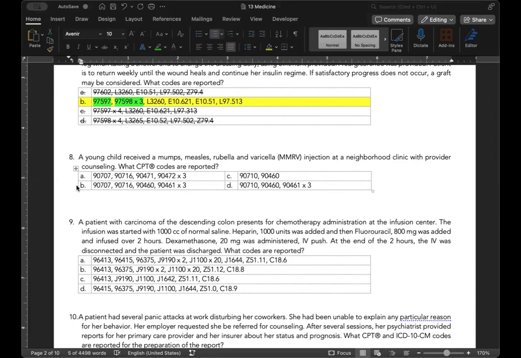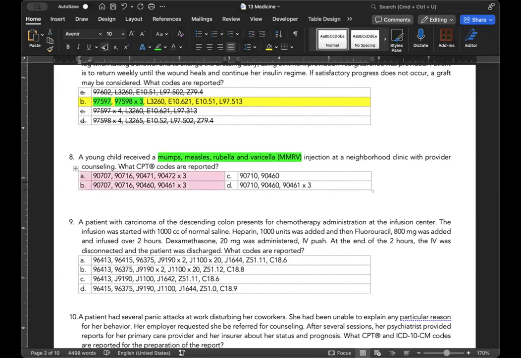So, yep, Xenia, you're correct. So one code down, the 90710 includes measles, mumps, rubella, and varicella, which is your MMRV, live, for subcutaneous use. So we are going to use 90710 instead of the 90707.